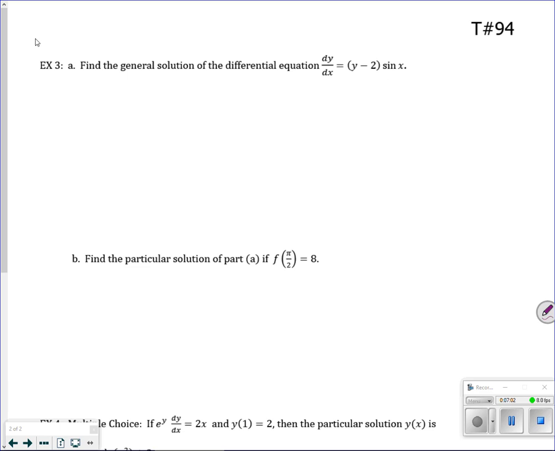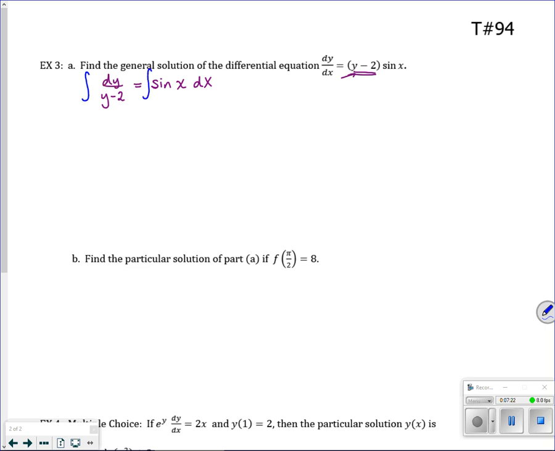I think you're with me that this y minus 2, he's together. I'll move him to the left. So that would be y minus 2 on bottom. And then I'll pop that dx over to the right. So I would have sine of x dx. What's my next step? Integrate, integrate.